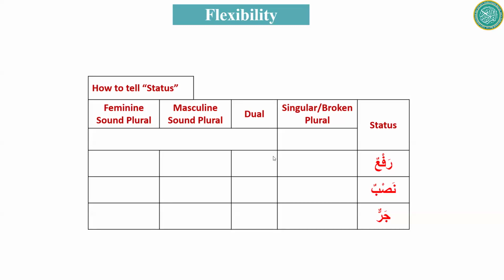Can you repeat that? Sorry, you cut. Your voice was cracking up. Can you say that again? Okay. You want to know the status of a singular or a broken plural ism. How would you establish that? Is it rafa, nasab, or jar?